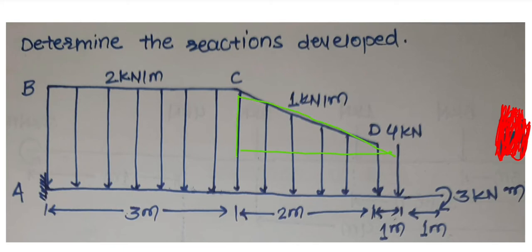This area is a uniformly varying load. At point C the force was 2 kN per meter, and at point D the force is 1 kN per meter. So 2 minus 1 gives 1. Therefore it is a 1 kN per meter uniformly varying load.